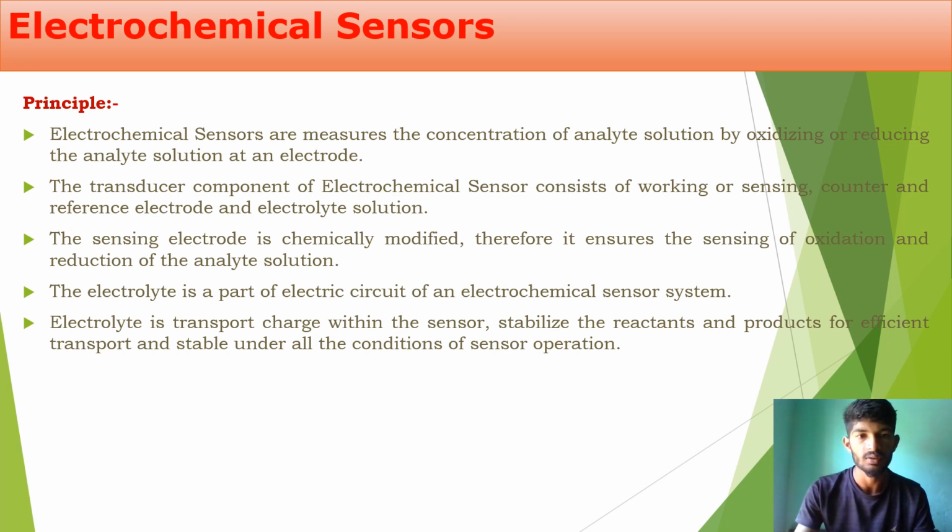The sensing electrode is chemically modified, therefore it ensures the sensing of oxidation and reduction of the analyte. The electrolyte is a part of the electric circuit of an electrochemical sensor system. The electrolyte transports charge within the sensor, stabilizes the reactants and products for efficient transport, and is stable under all conditions of sensor operation.